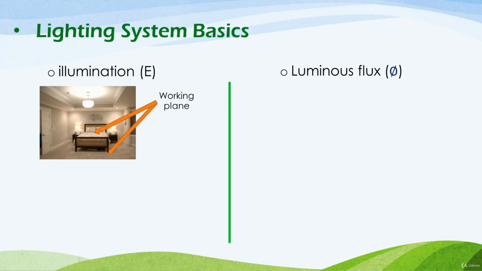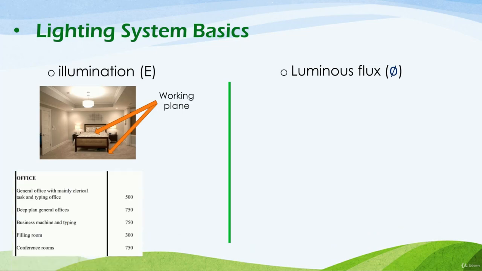So each type of place or each room will need a specific value of lux to exist. And we get this value of the lux from some standard codes like the IEC code, and this is a screenshot from an international code of the lux that is required for some places. As you see, the general office, for example, needs 500 lux, while the business machine office needs 750 lux, and so on.